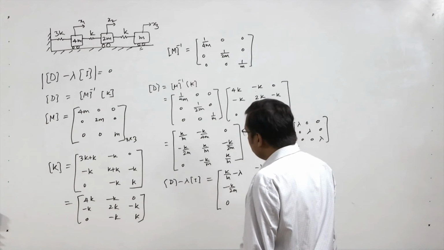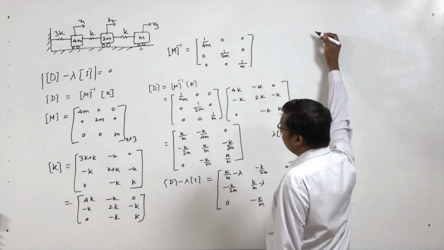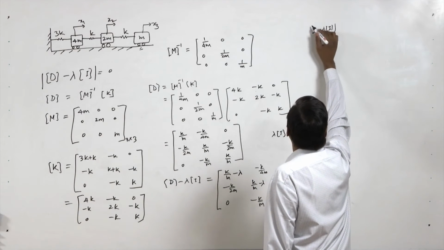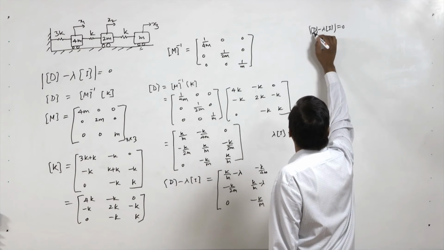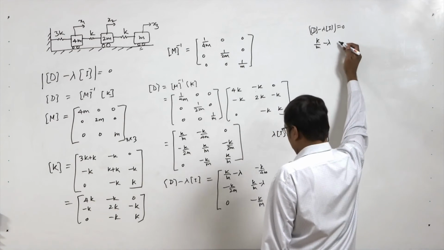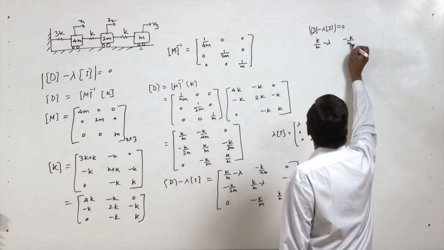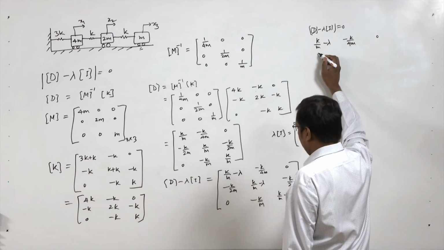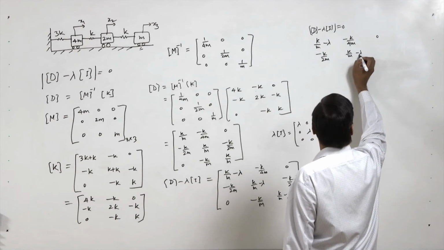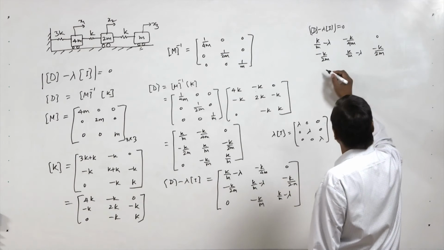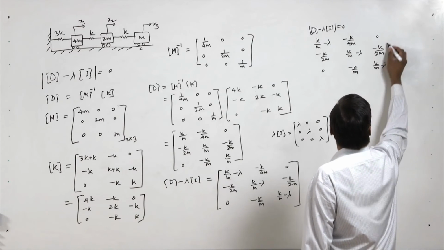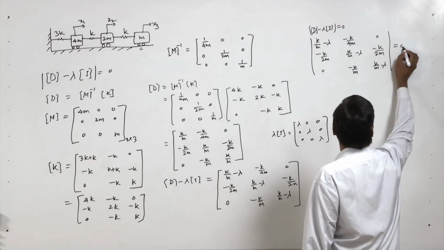So the determinant of D minus lambda I is 0, which gives K by M minus lambda, minus K by 4M, 0; minus K by 2M, K by M minus lambda, minus K by 2M; 0, minus K by M, K by M minus lambda. This determinant is equal to 0.